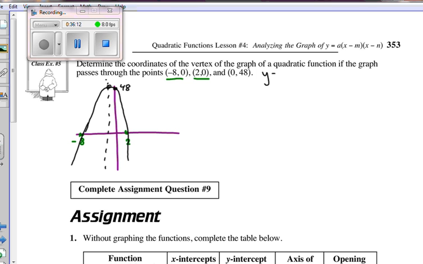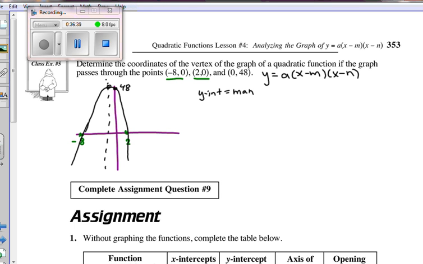Y equals a times x minus m times x minus n. Yes, we can get our axis of symmetry, but we also need our a value. How do we get our a value? What's the a value equal to? Our y-intercept is equal to?